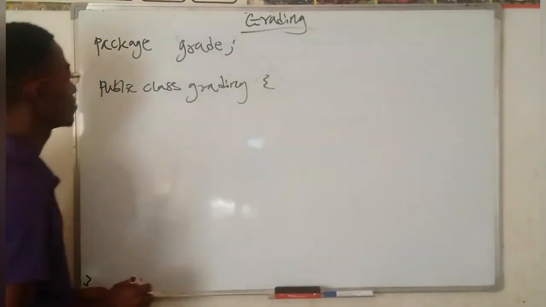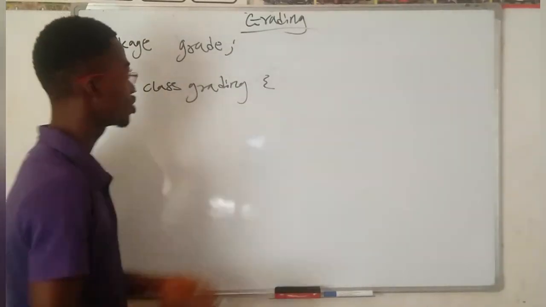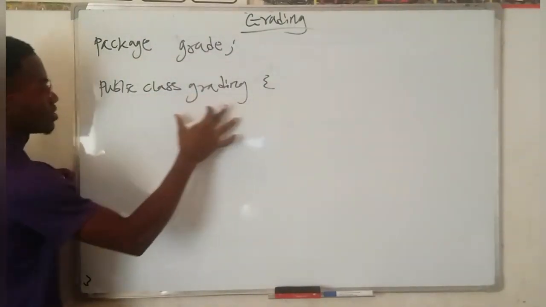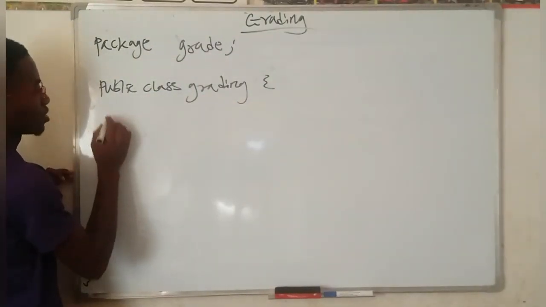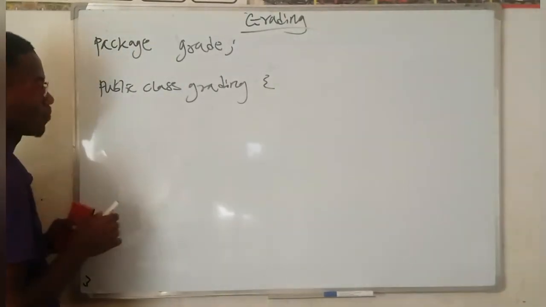After you have named your class, you might also have this one, which is public static void main, the main method.